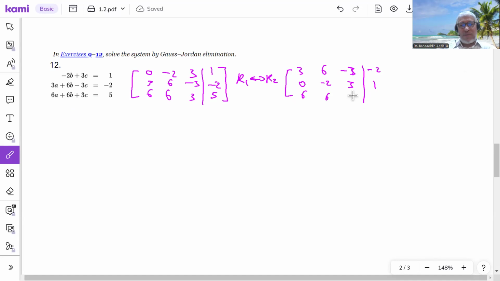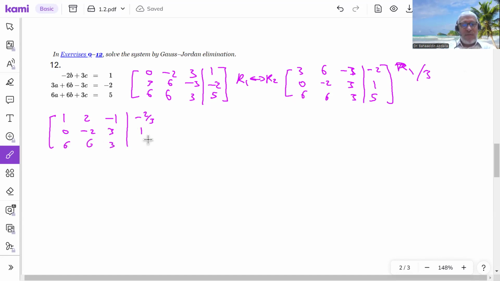6, 6, 3, 5. And now I can make this 3 into 1 by dividing row 1 by 3. So I'll have 1, 6 divided by 3 is 2, negative 1, and negative 2 over 3. And the second and the third rows remain the same.